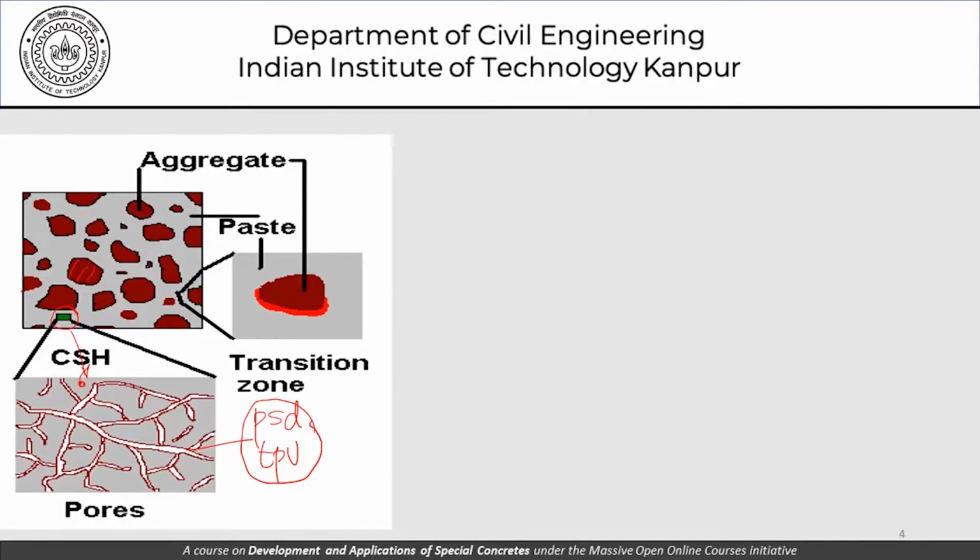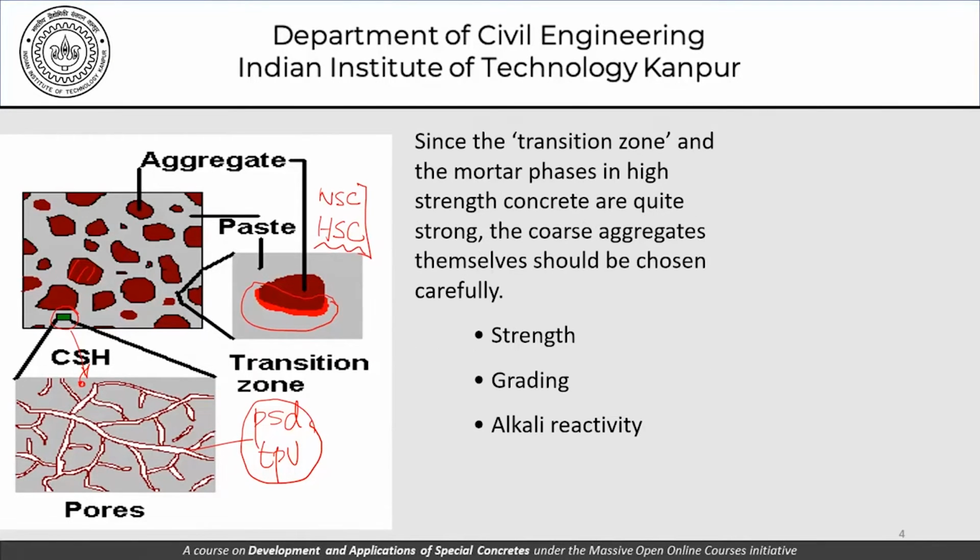Having said that, we are also concerned with what is going on in the transition zone. So in the transition zone, what happens with normal strength concrete and what happens with high strength concrete? That is something which we will examine as we go along in our lecture today.